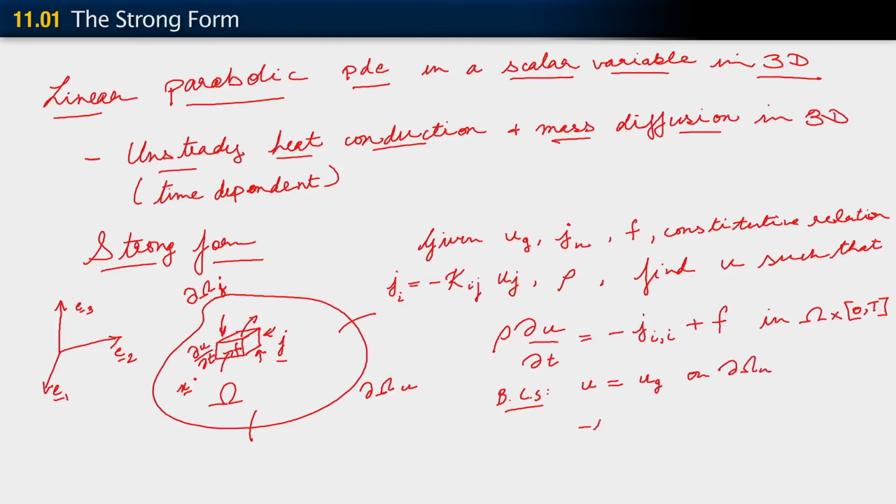We have our Neumann condition minus j_i n_i equals j_n on partial omega J. Is our problem complete with specifying boundary conditions? No, we need initial conditions as well, right? Because it's a first order problem in time, we have a single initial condition.